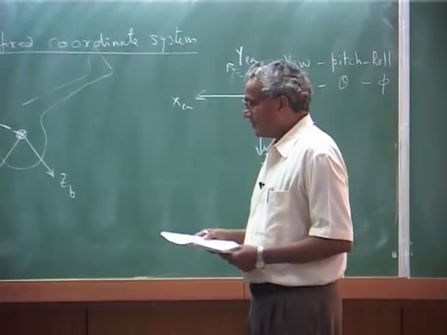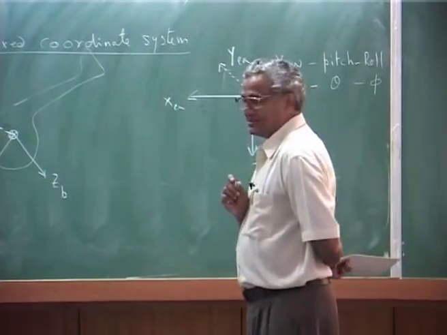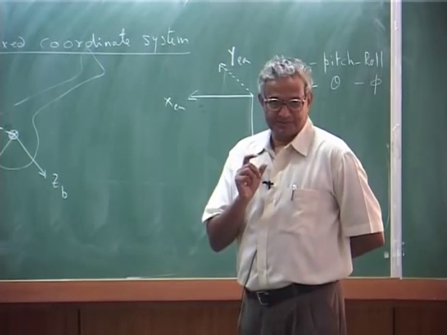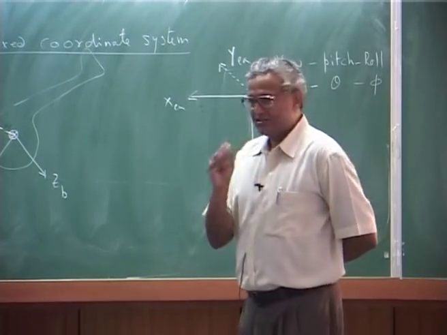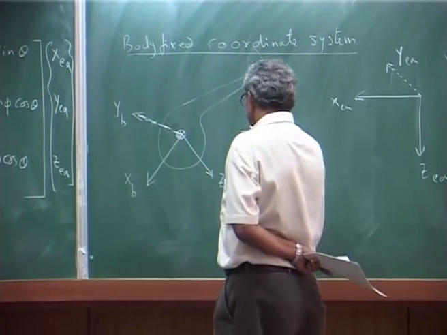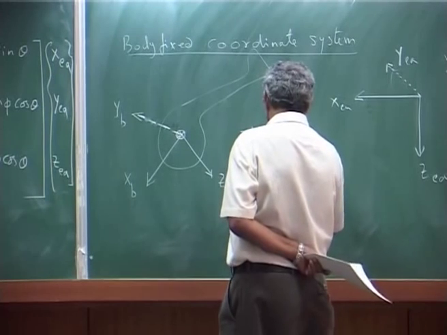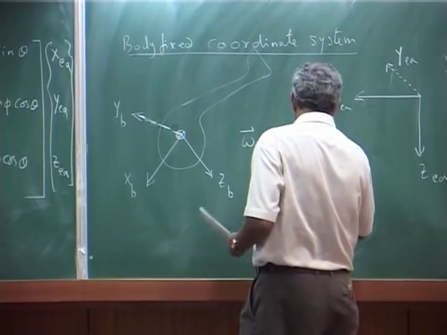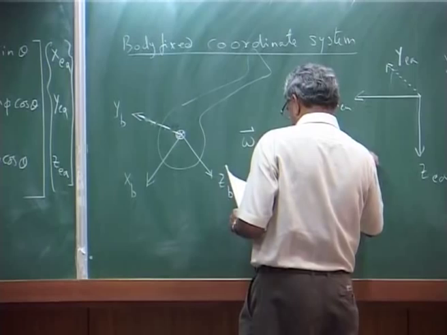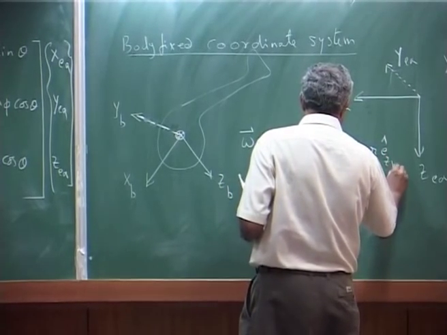Now, what is the angular velocity of the helicopter? At any instant, you define the angular velocity of the helicopter as p e_x^b + q e_y^b + r e_z^b.